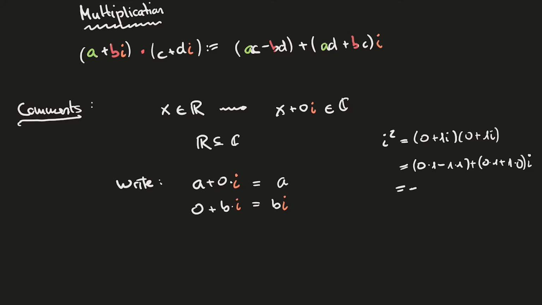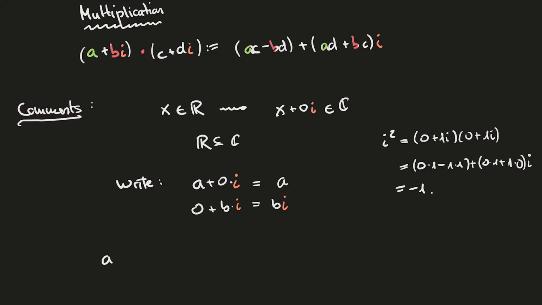And this is just equal to minus 1. So i squared is minus 1. And this fact allows us to derive the multiplication formula without having to remember the formula. Namely, we just need to remember that i squared is equal to minus 1.